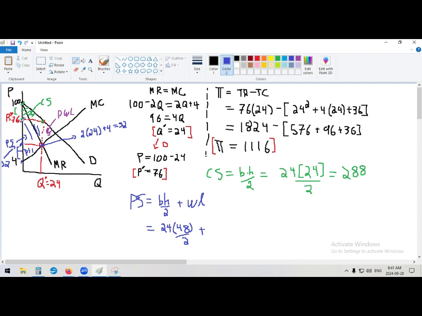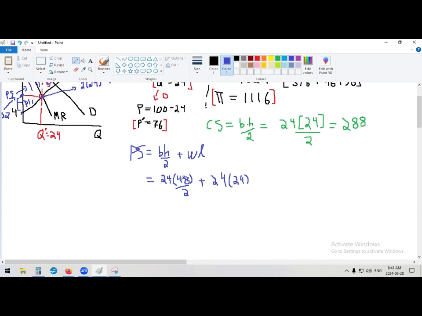And then for the box here, this rectangle, we'd have everything we need. We have the width here, which is 24. And then for the length, it's going from 76 to 52. So that'll be also 24.